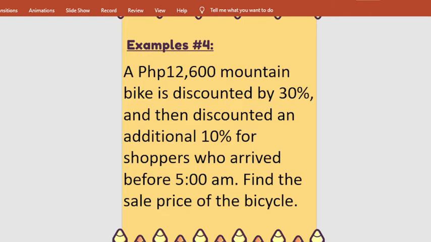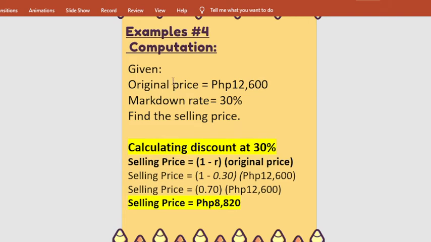Okay? So, let's compute. So, the original price is 12,600 pesos. Yung markdown niya, kasi may mga discount, so meaning, markdown. So, kailan ba nagkakaroon ng markdown? Usually, it happens every time na may inventory, mataas yung inventory products mo, so kailangan mo nang magbawas ng product. Kasi baka yung iba doon ay malapit na ma-expired.